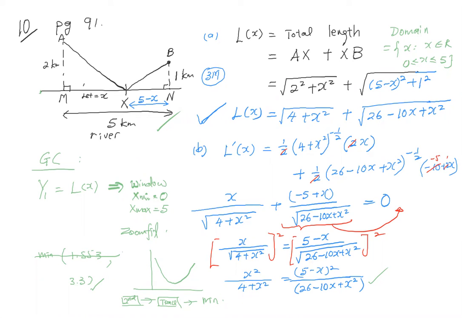After you do a zoom fit, whatever graph comes out should be something like this. So you have to do this step to get the minimum coordinate. So please get used to using your calculator for all these skills.